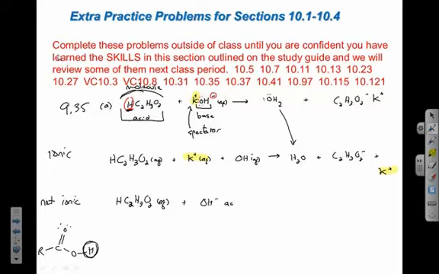So overall, what's really happening is the OH minus is the key reactant. It's grabbing this hydrogen to make water, and what's left over of the other molecule once the hydrogen is gone is really what focuses on what's actually happening in the reaction.